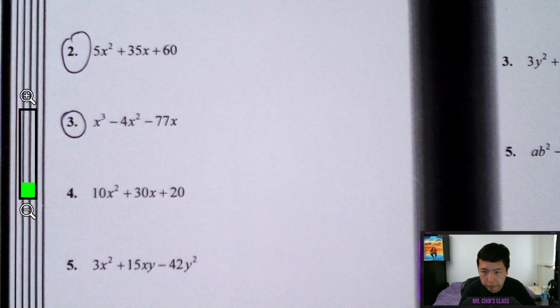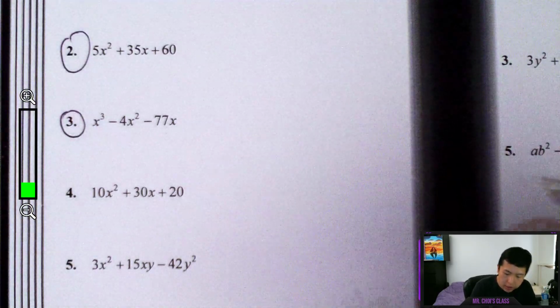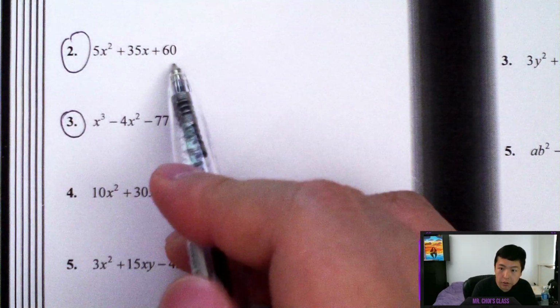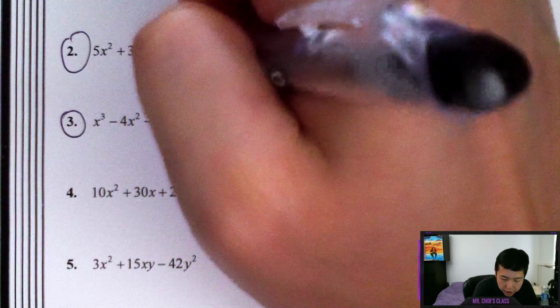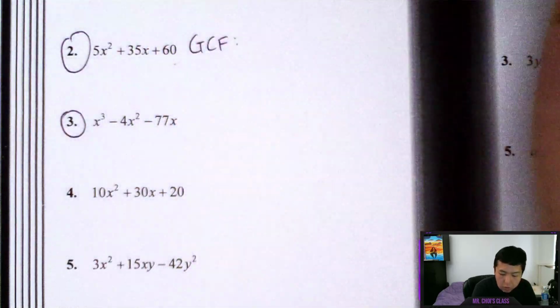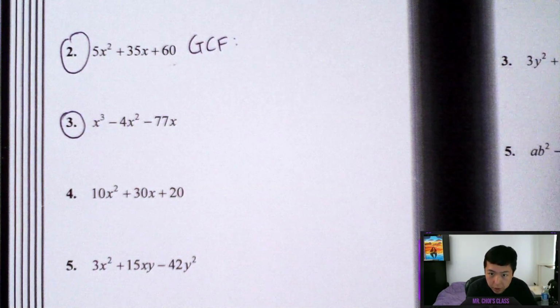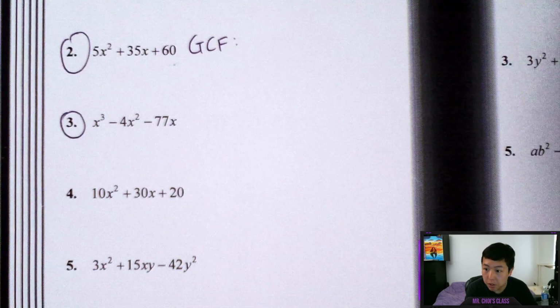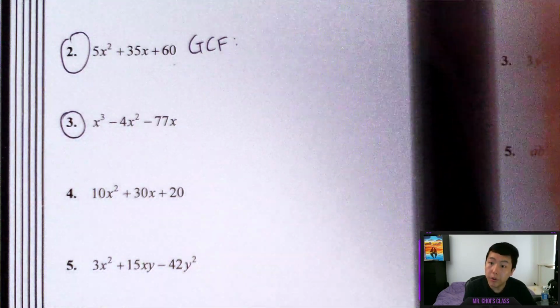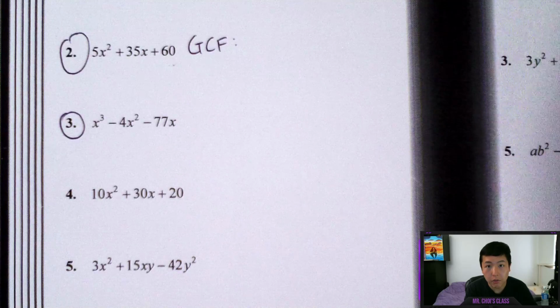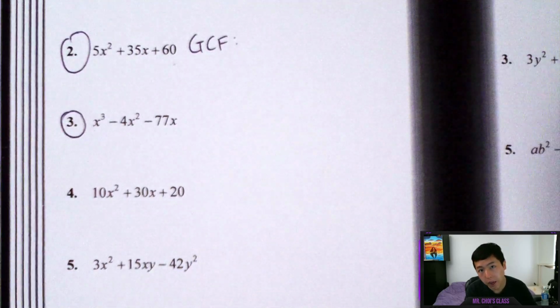Let's zoom in so we can see it a little better. So, same idea. Here, what's my GCF? Let's write that GCF down first. So my GCF for the number, what's my lowest number? My lowest number here is 5. What are the factors of 5? Factors of 5 are 1 and 5.